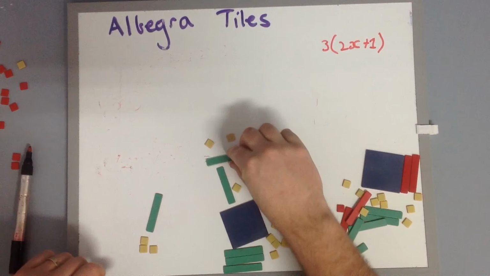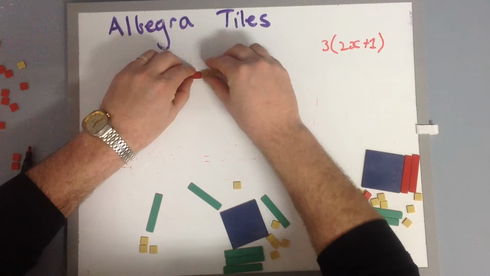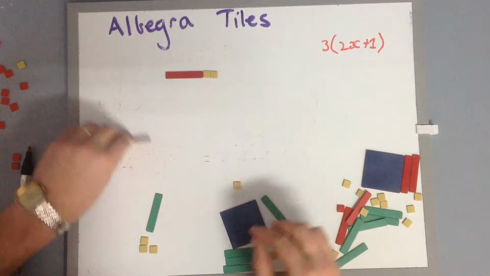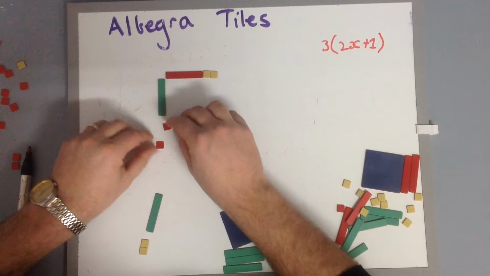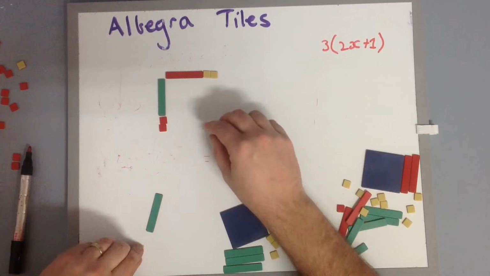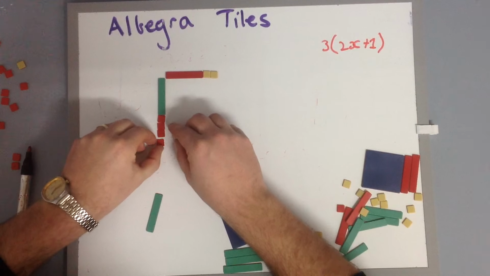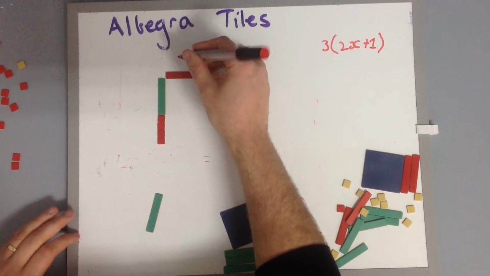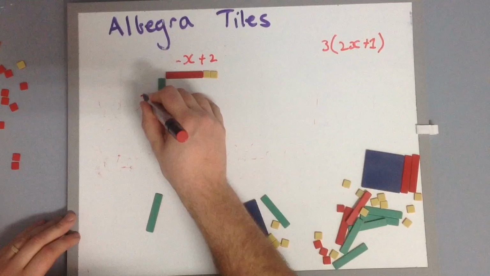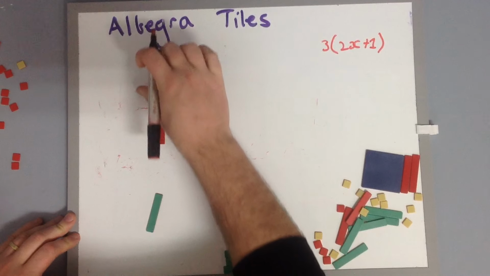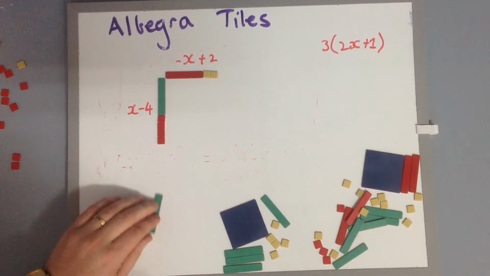This time we're going to have a negative x, so we have a negative x plus 2. We're going to have a positive x minus 4, because there are 4 negatives there.